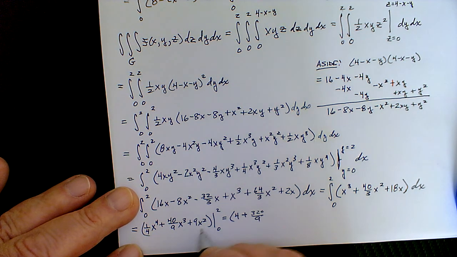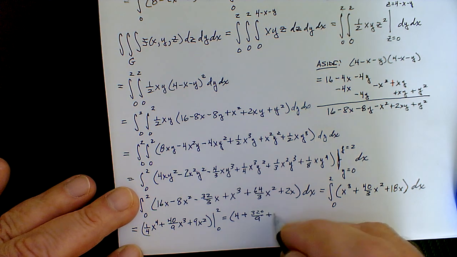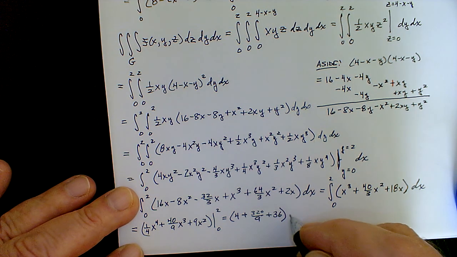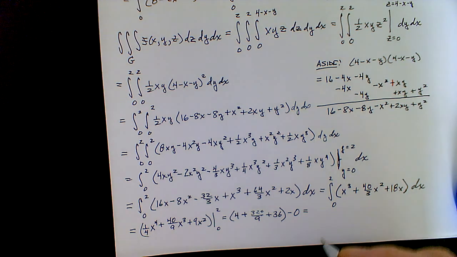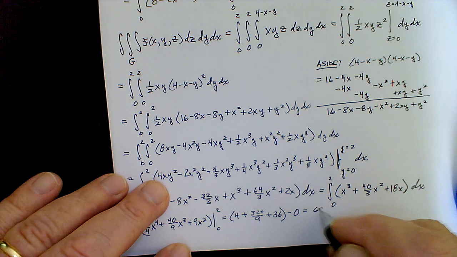And then minus a big 0. So that's 40 plus 320 over 9. Yeah, I'm using a calculator here. So 680 over 9.